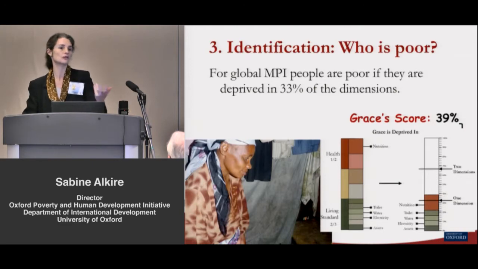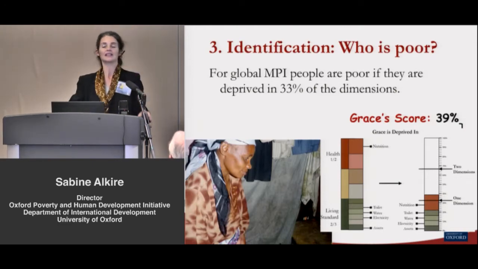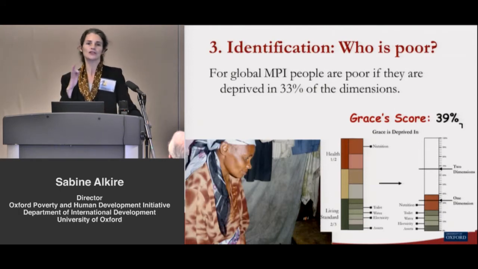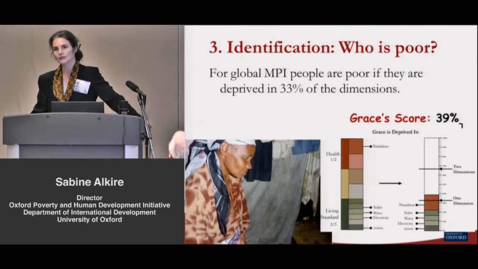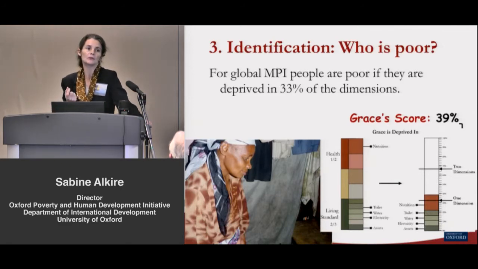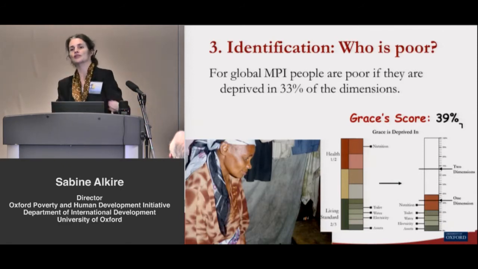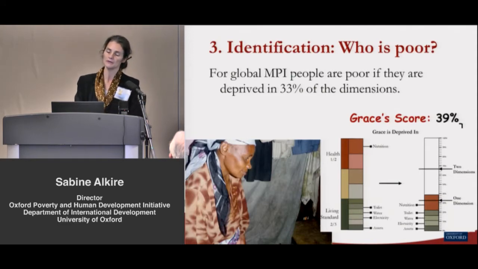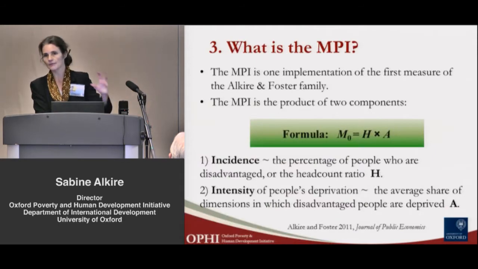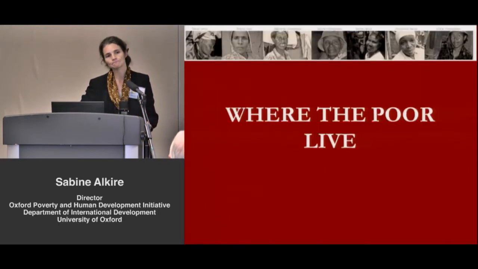And for cooking fuel, we don't have information on chimneys. So a single deprivation, if we look at measurement errors alone, is not going to be sufficient to indicate poverty. Further, there might be normative arguments to say that the people who really have multiple deprivations should arguably be the focal population. And so people are poor if they are deprived in one third of the dimensions, and from that, the MPI is constructed.